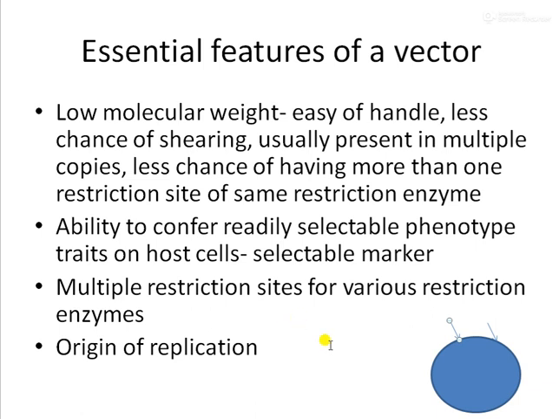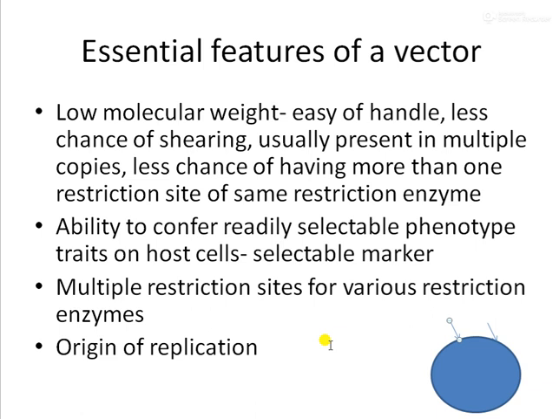And a vector should always code for a selectable marker. Now, what do you mean by a selectable marker? The best example of a vector is a plasmid DNA. And some plasmids code for certain antibiotics.